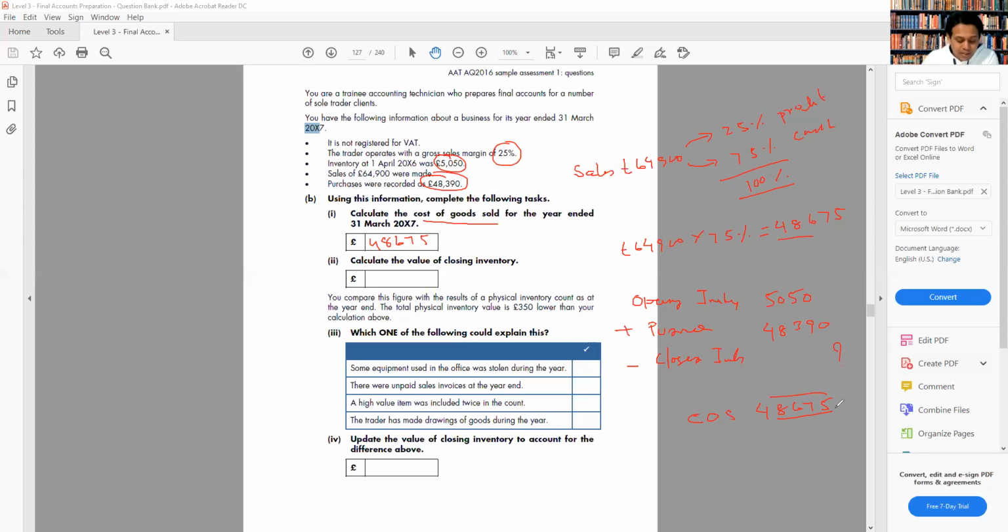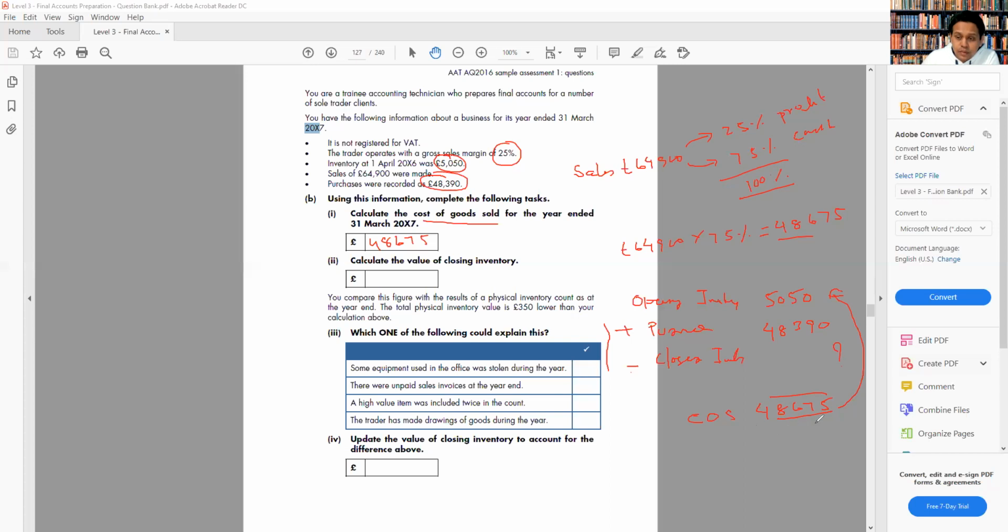Now it's easy, but there's a tricky thing. All you have to remember is, when you try to find something and go from the bottom up, anything that is a minus you make plus, and anything that is a plus you make minus. So going from top to bottom, 5050 plus 48,390 minus whatever it is gives me cost of sales, but we don't know the closing inventory, one is missing.